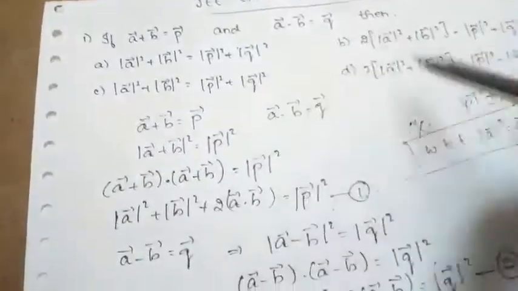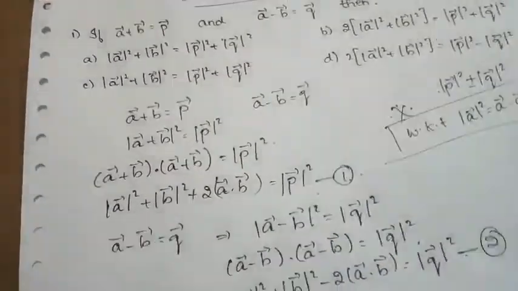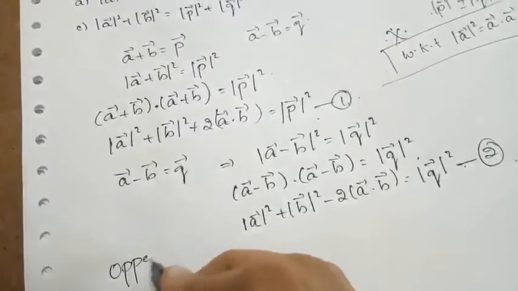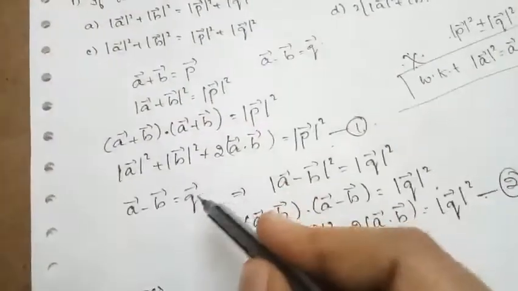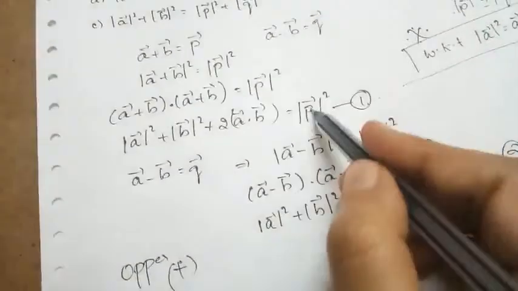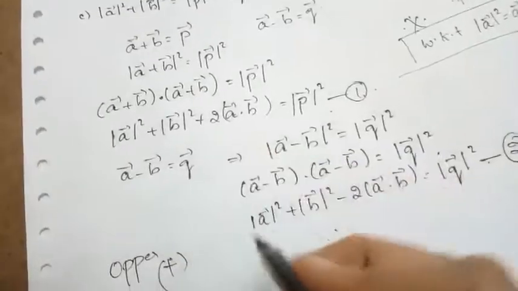Now, looking into equations 1 and 2 and all these options, think once which is the possible operation we can apply here. Suppose I apply the operation of addition. If I add equation 1 and equation 2, what happens?